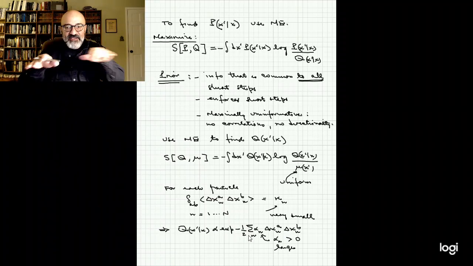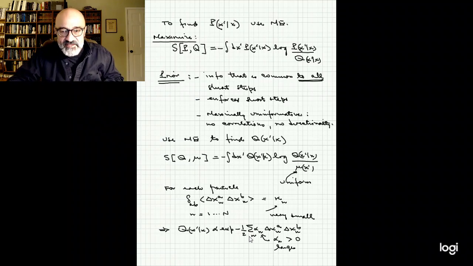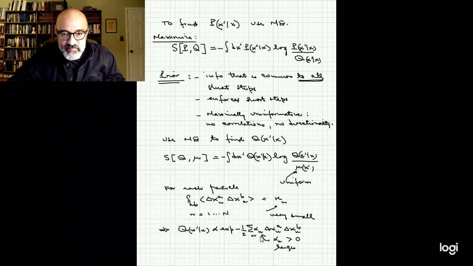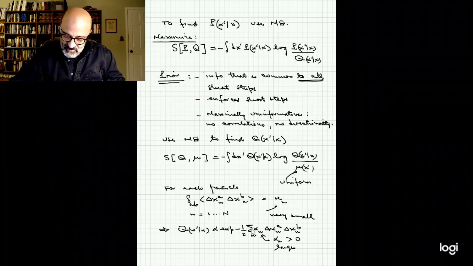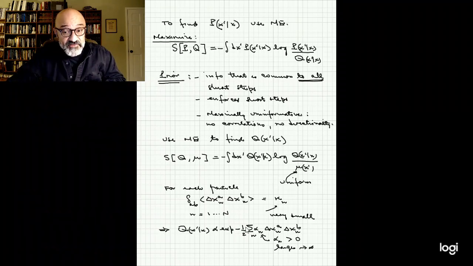Gaussians do not have correlations between the various degrees of freedom, and so this satisfies all our requirements. It enforces short steps, because if alpha is large, then any large displacement will lead to zero probability, or very low probability. And there are no correlations. That's because it's a product of probability distributions, so they're all independent. Very good. We have our prior. Eventually, to make the steps really short, we're going to make it large, and eventually we want these alphas to tend to infinity.